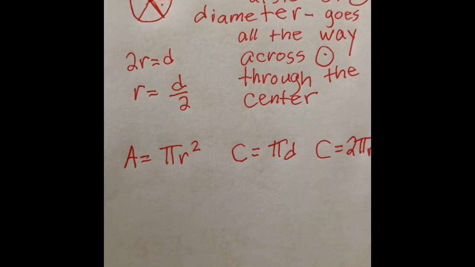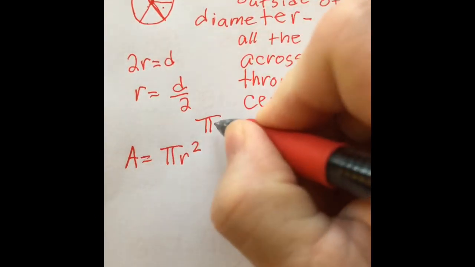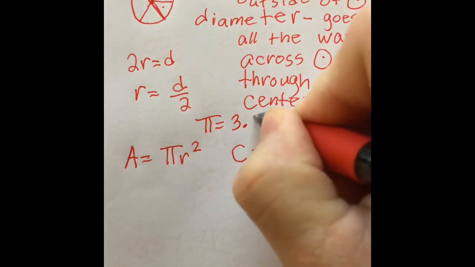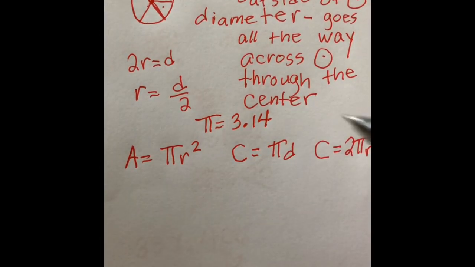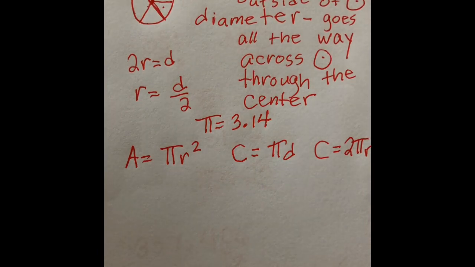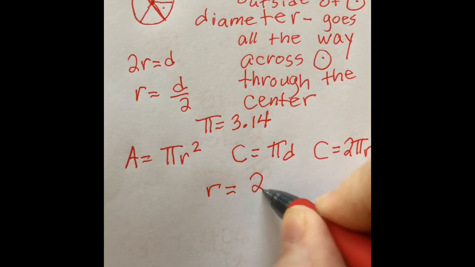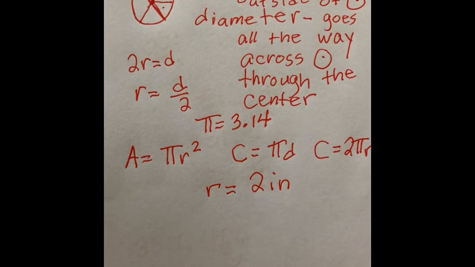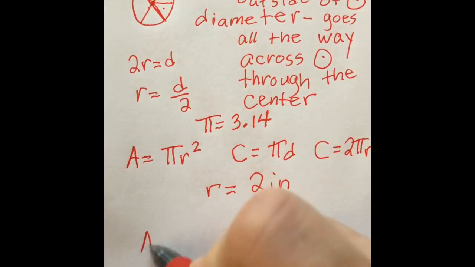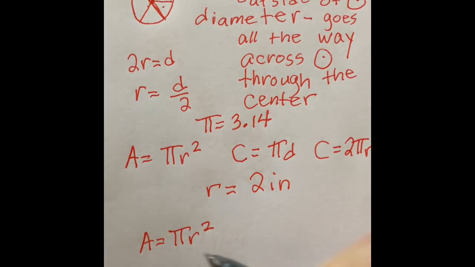So we use 3.14 for pi. Pi equals 3.14. Now, let's do some of these where we have radius. So if I say the radius equals 2 inches, then for my area, I'm going to say area equals pi r squared. Write down the formula first, then substitute in.